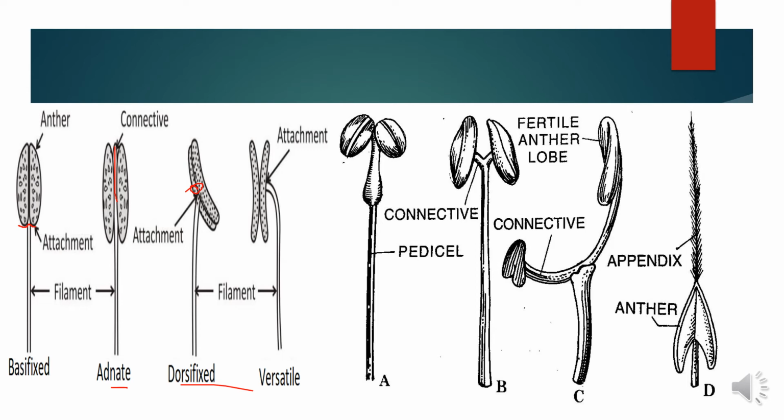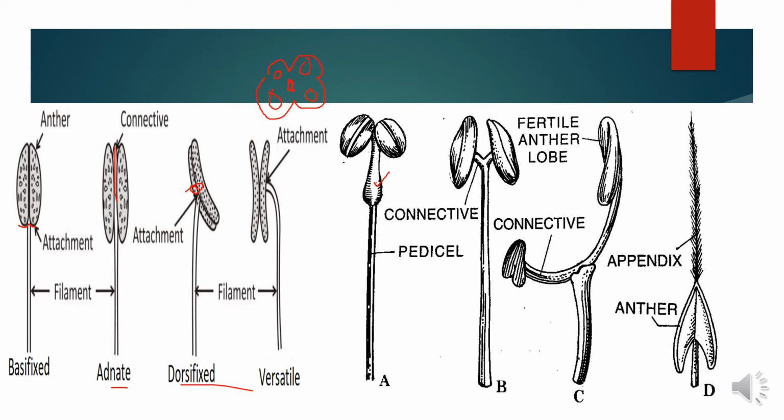Now there can also be a connective. Among the four lobes there are the microsporangial sacs containing the pollen, and this central region contains the connective.